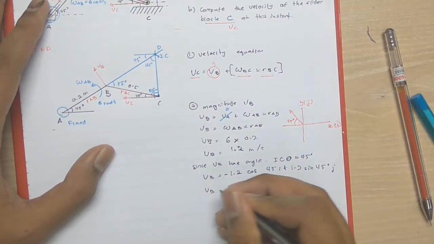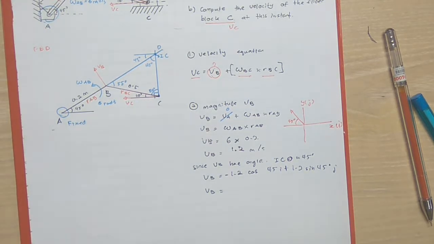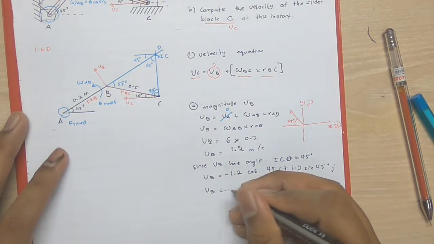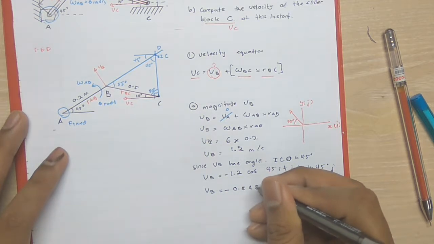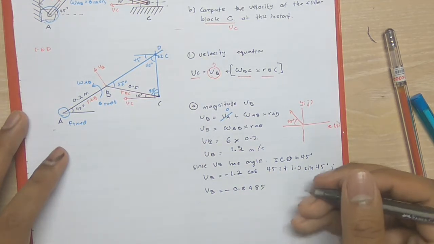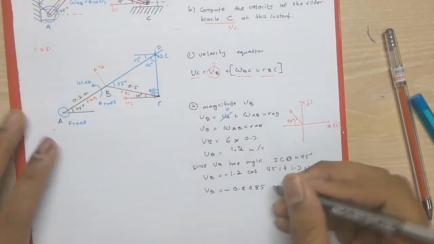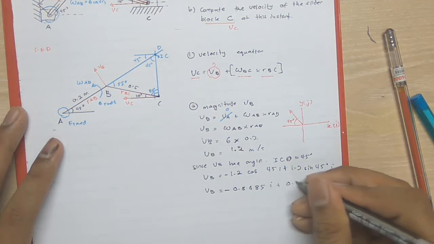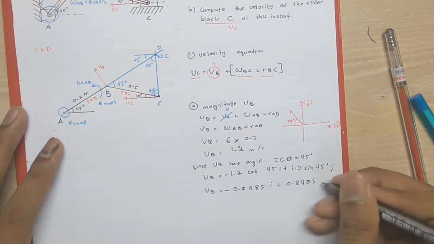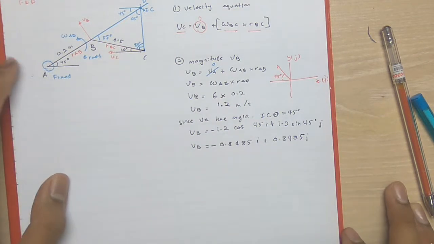So we get negative 0.8485 i, positive 0.8485 j. So we have completed VB.